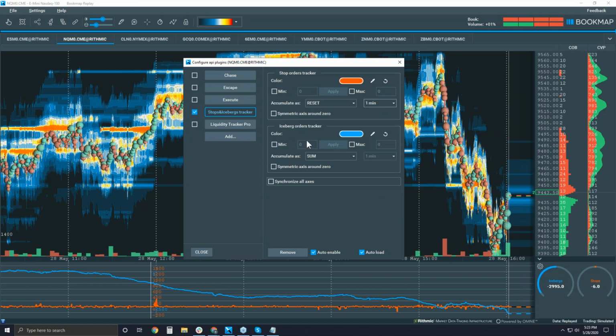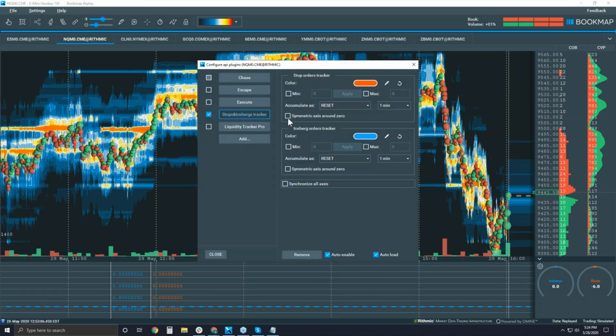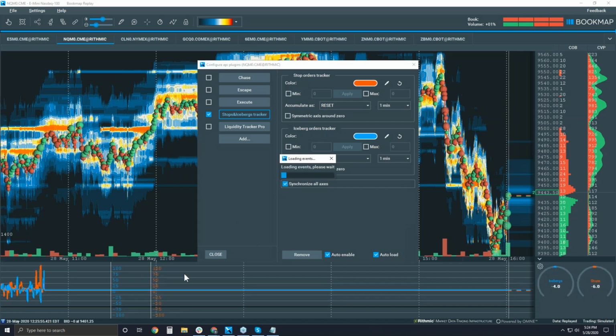Now we're going to do the same here for the accumulation mode for icebergs. Reset mode, 1 minute. Now see how the axes are still not aligned, right? They're separate here. So we're going to sync them, and this redraws the indicator.